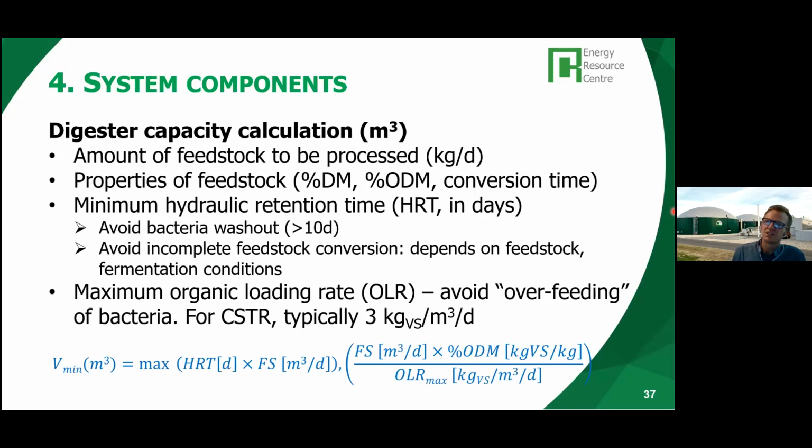On the other hand, a digester can have, let's say, a limited volumetric capacity to convert organic matter to methane, and both factors are required to calculate a certain minimum digester capacity.